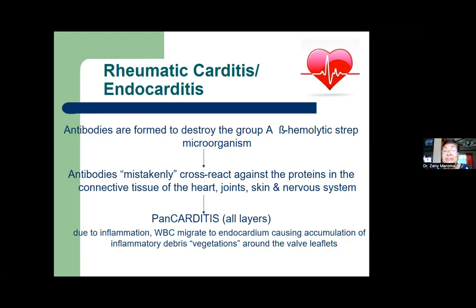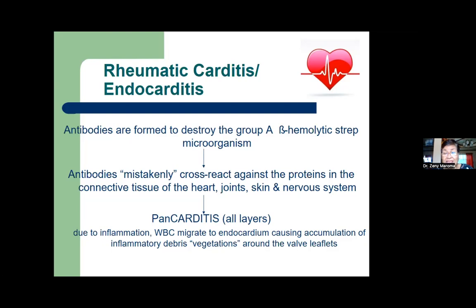And then, these antibodies mistakenly cross-react against the proteins in the connective tissues of the heart, the joints, the skin, and nervous system. If all the layers of the heart are affected, pancarditis. Kaya with rheumatic heart disease, patient can have the pericarditis, can have myocarditis, can have endocarditis.